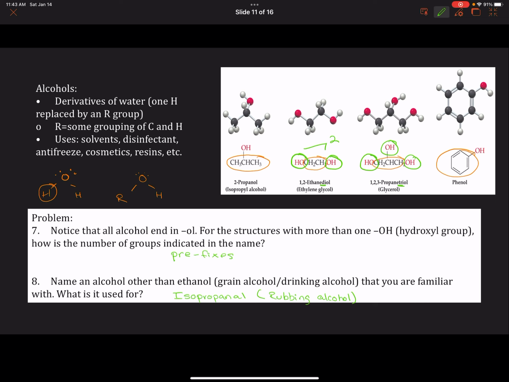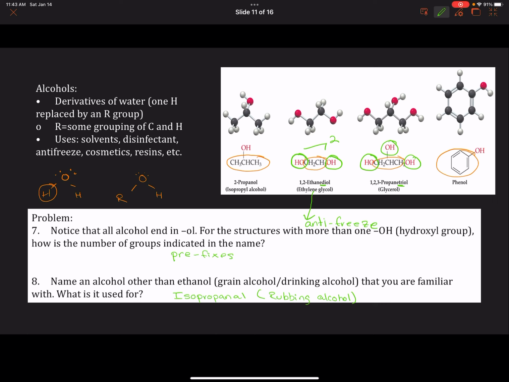We've got ethylene glycol. This is antifreeze. This is another type of alcohol you could encounter on an everyday basis. So alcohols have some very common uses. They may be used commonly as solvents.